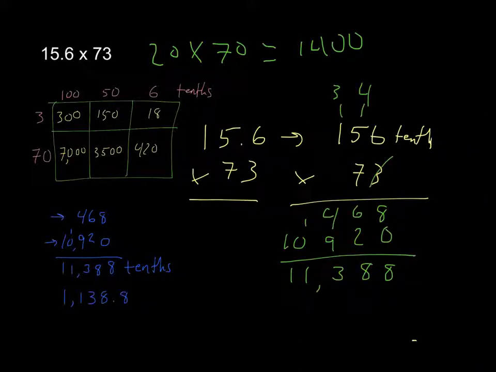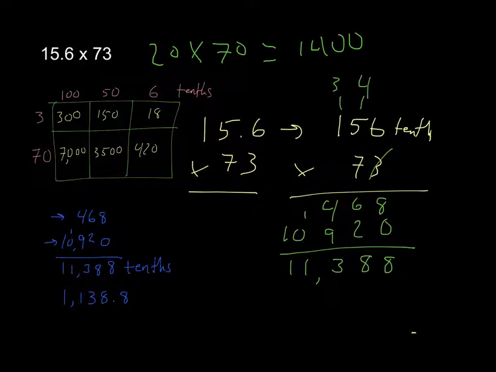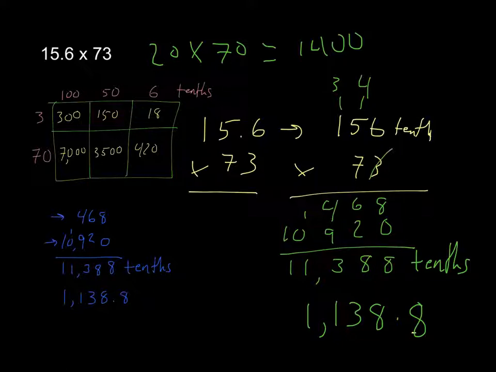Okay, again, I get 11,388, and remember that's tenths. Okay, which is the same as 1,138 and 8 tenths in standard form. Once again, this is exactly the same as what I got with the area model.